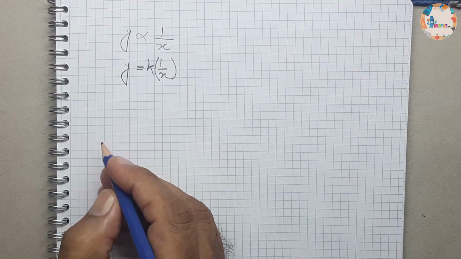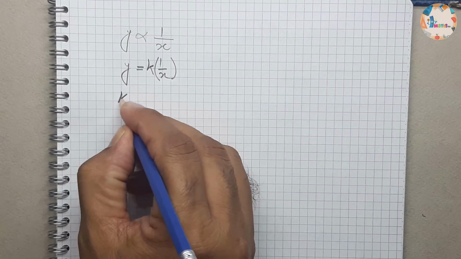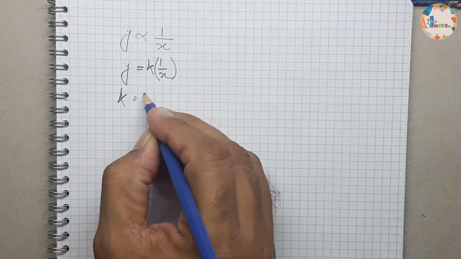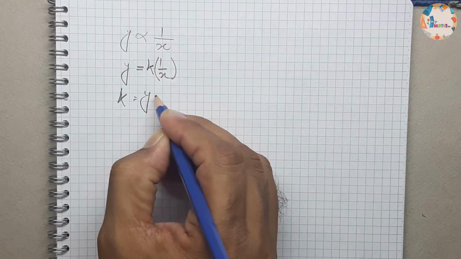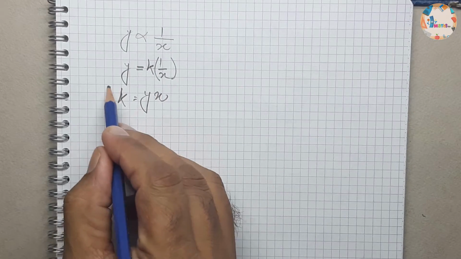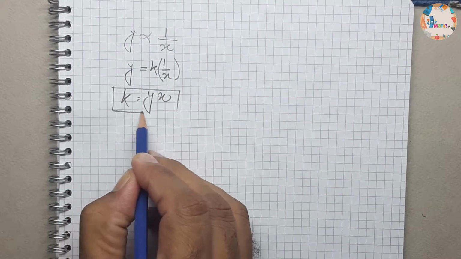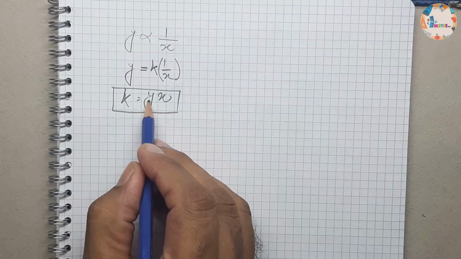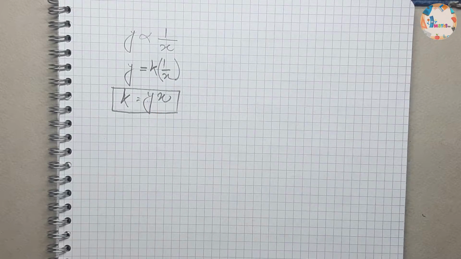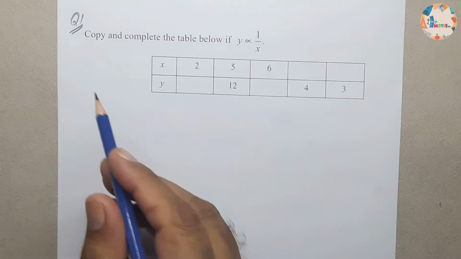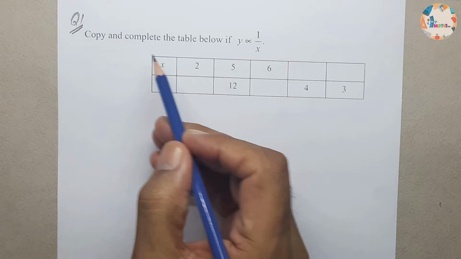So k is equal to y into x. This is the constant, which is the product of x and y. Now we will choose some questions and go through them so that we can understand this topic better. This is question number 1 which we have selected for practice.